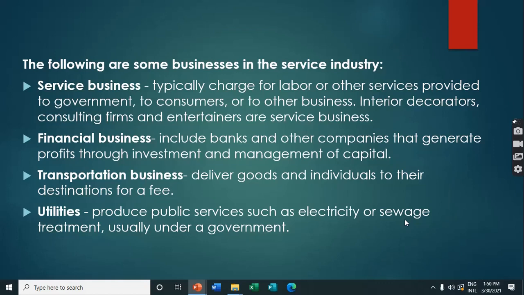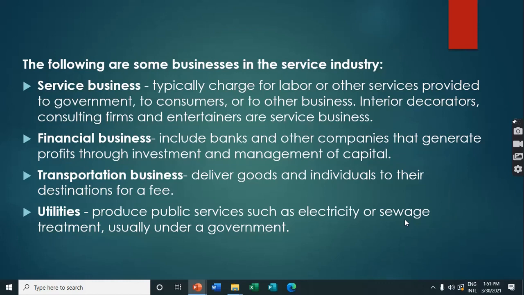It includes banks and other companies that generate profit through investment and management of capital. These are the banking institutions where we borrow money. They are providing services for us.